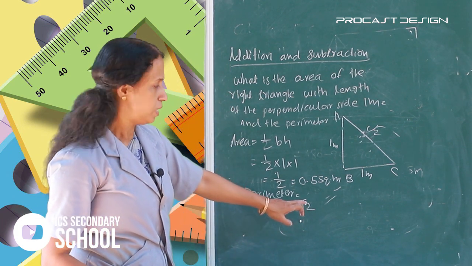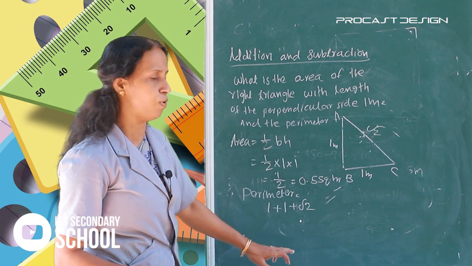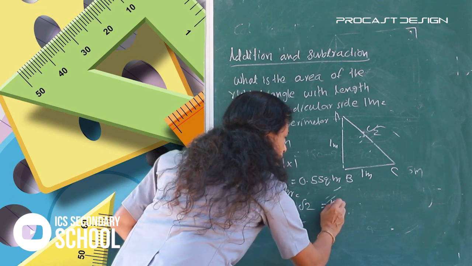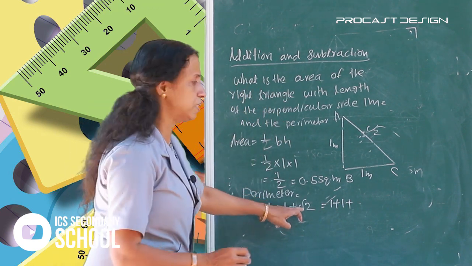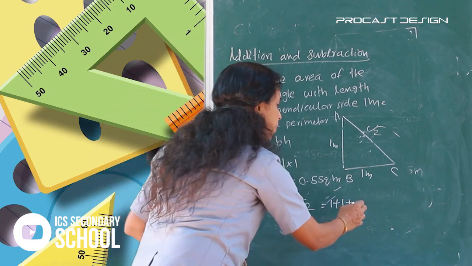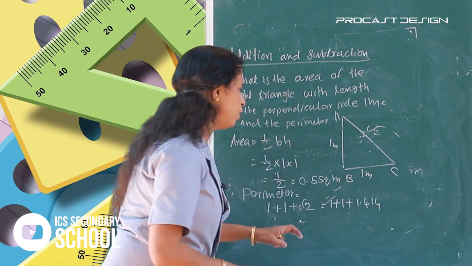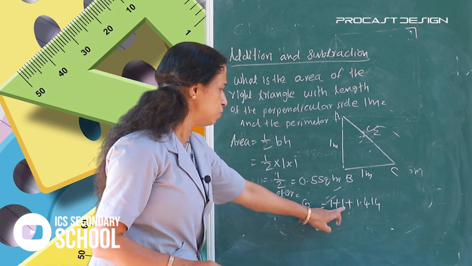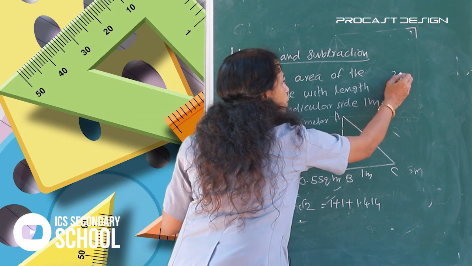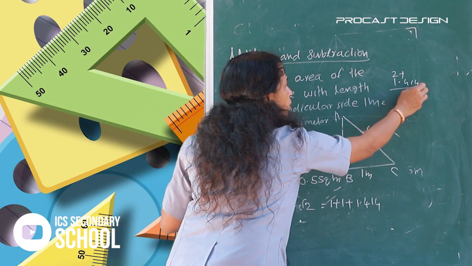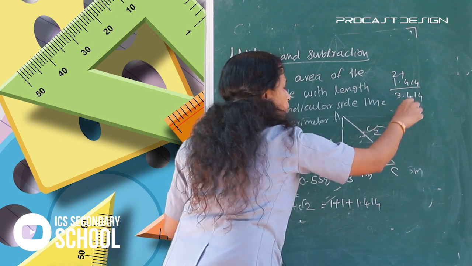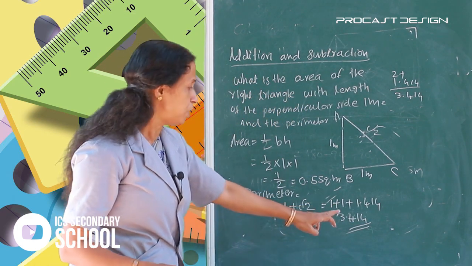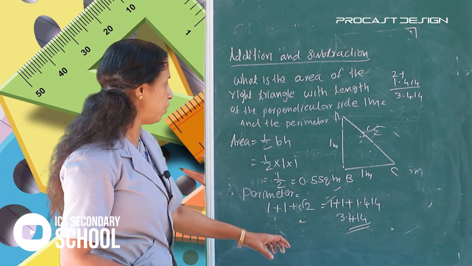The value of root 2 is approximately 1.414. So 1 plus 1 plus 1.414: 1 plus 1 is 2, and 2 plus 1.414 is equal to 3.414. The perimeter of this right triangle is equal to 3.414.